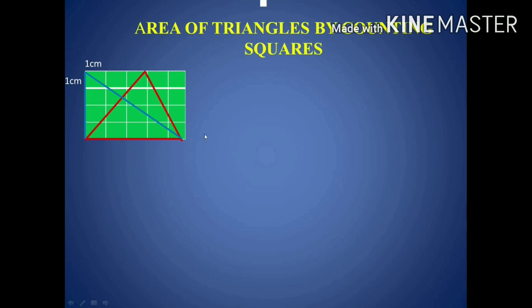So area of rectangle equal to 5 multiply by 4 equal to 20 square centimeter. So what is the area of blue triangle? So the area of blue triangle is just half of this green rectangle. That is 10 square centimeter.